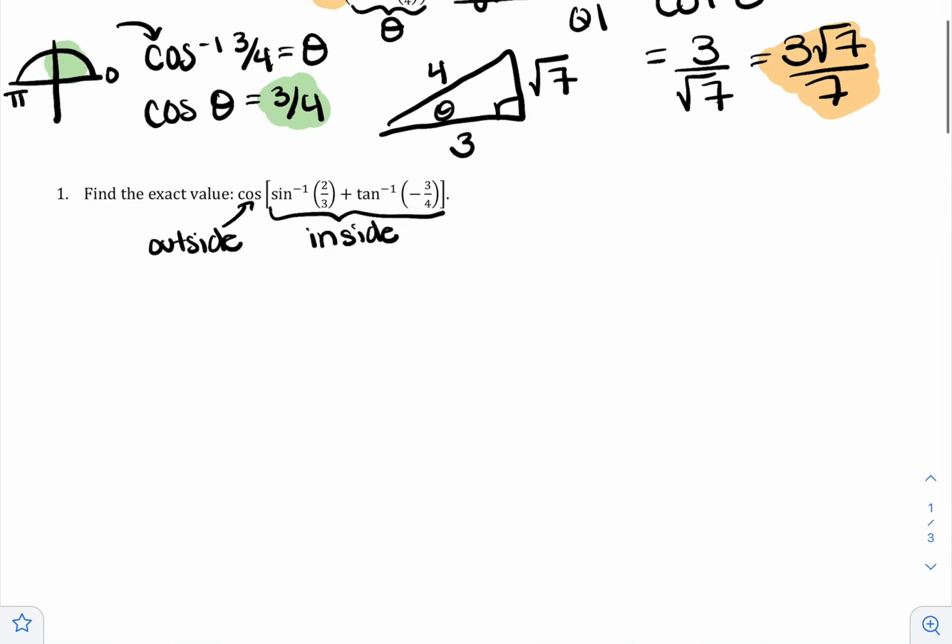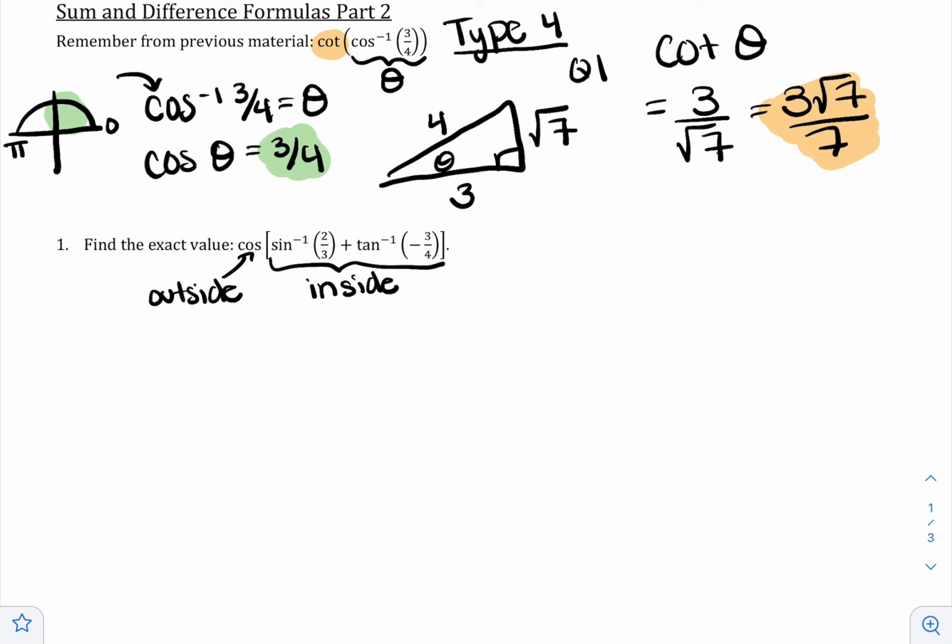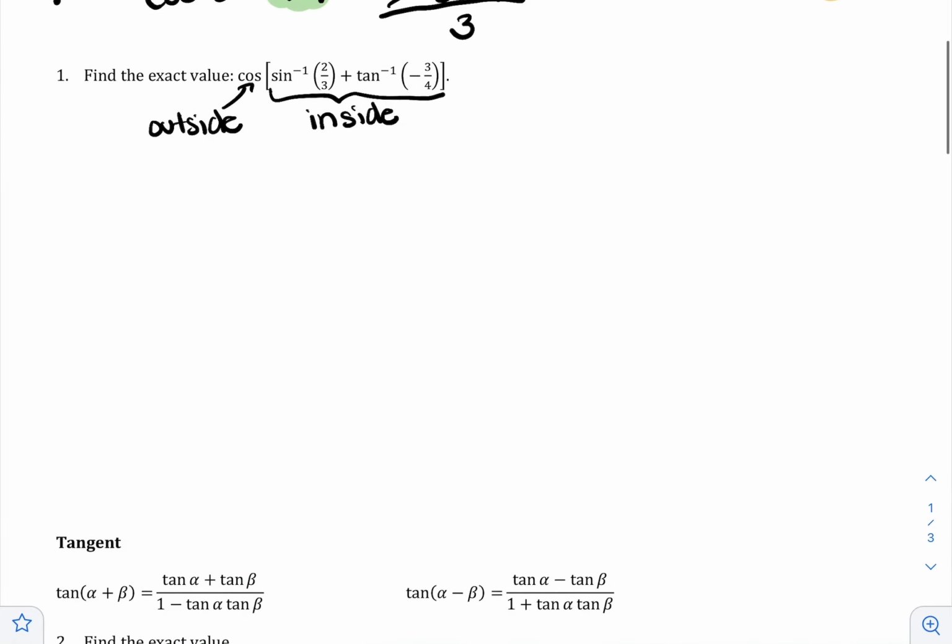So instead of being up here where there was only one trig function on the inside, now we have 2 functions on the inside. So we need 2 angles. So step number 1, assign an angle to the inverse. Because there's 2 of them, I'm going to call this one alpha and this one beta. And when I replace it, I get the cosine of alpha plus beta.